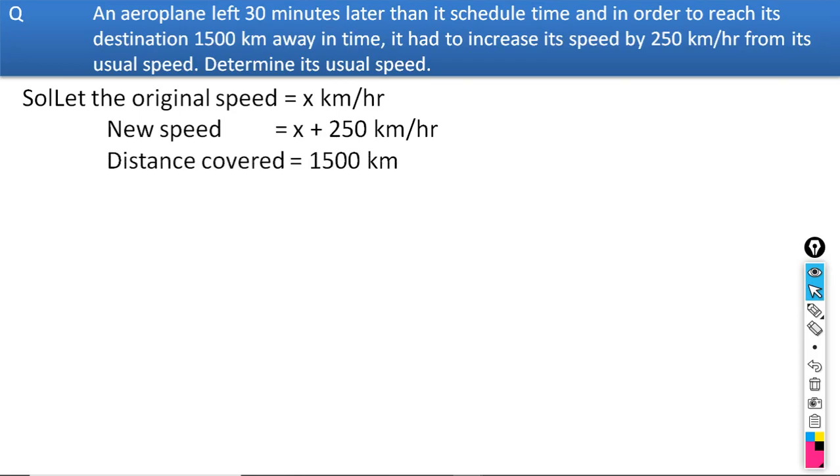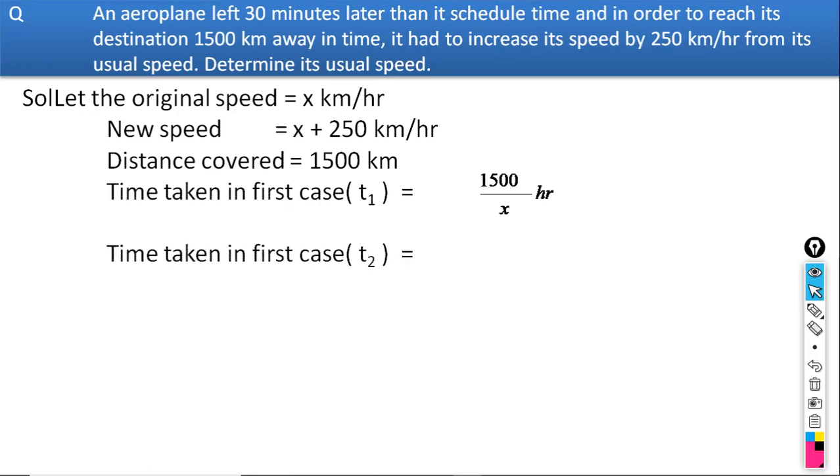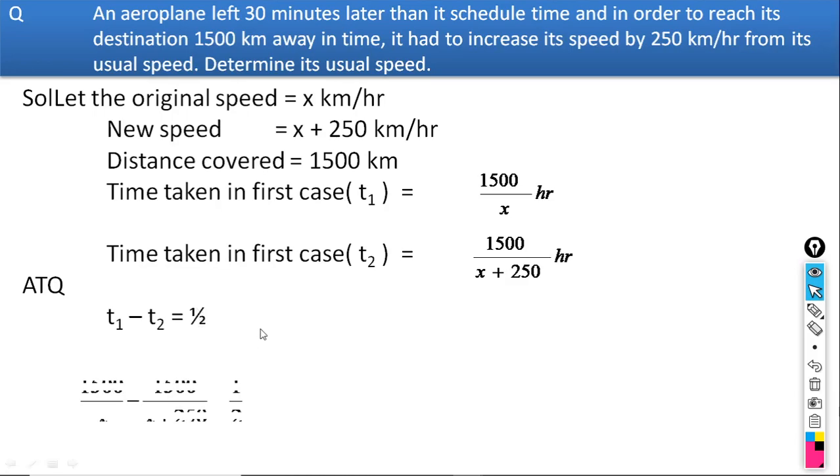The distance covered is 1500 km. Time taken in the first case will be distance upon speed, 1500 upon x, whereas in the second case it is 1500 upon x plus 250. According to the question, the difference of time is 30 minutes, which means half an hour. Time taken in the first case will be more because speed is less. So T1 minus T2 is 1 by 2.